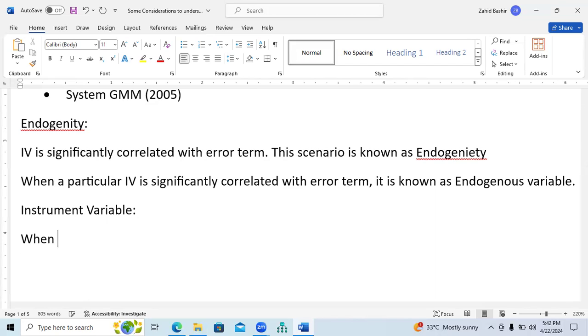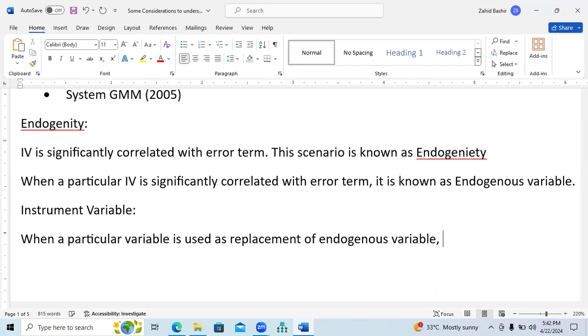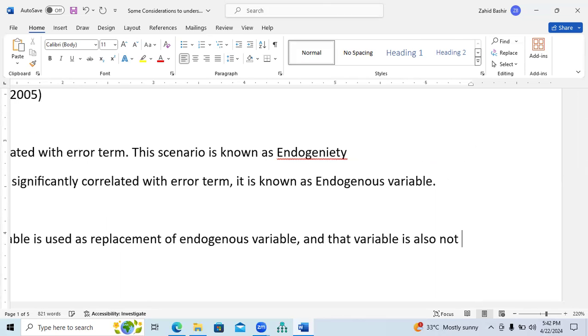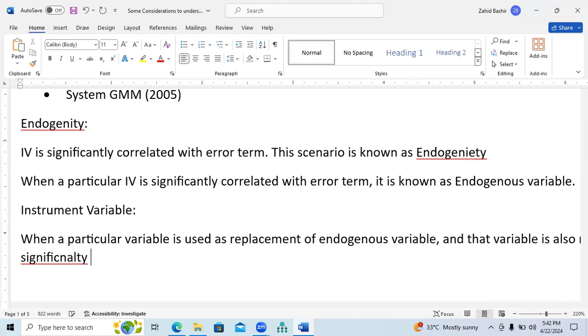When a particular variable is used as a replacement of an endogenous variable, and that variable is also not significantly correlated with the error term, that variable is known as an instrument variable.